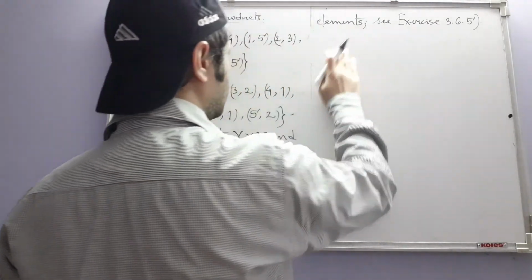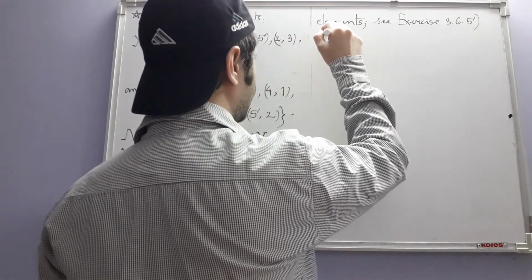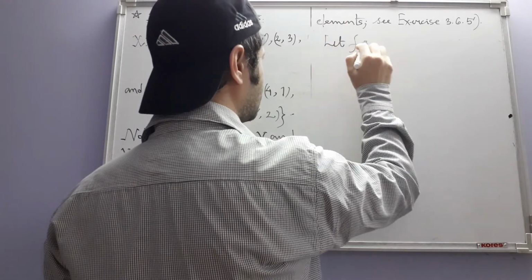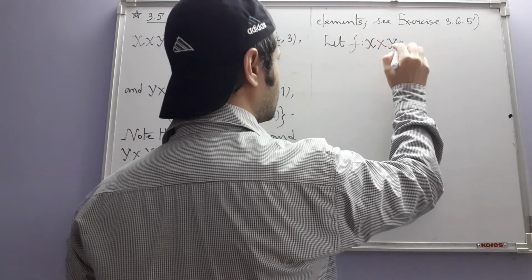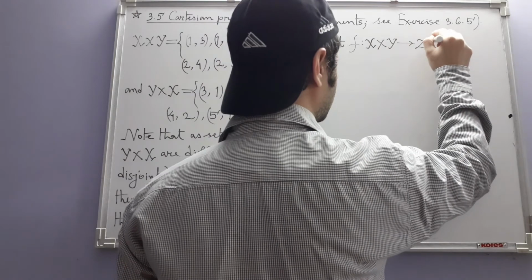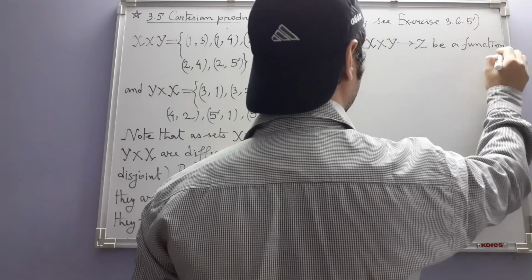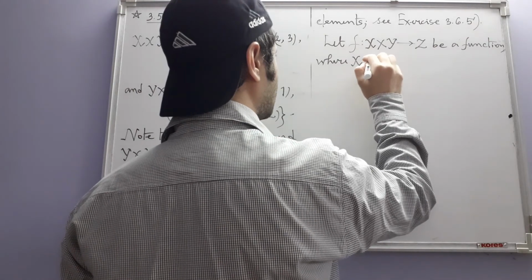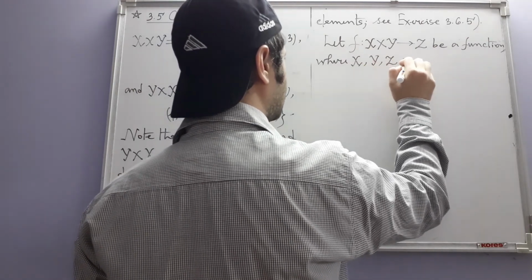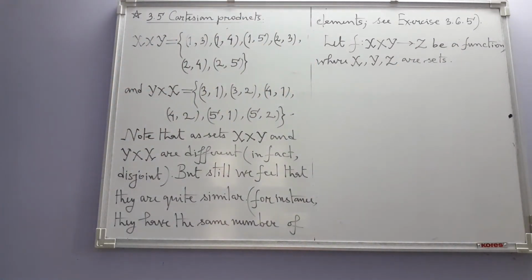Now we come to a different thing altogether. Let f from X cross Y to Z be a function where X, Y and Z are sets. So it's a function whose domain is a Cartesian product.